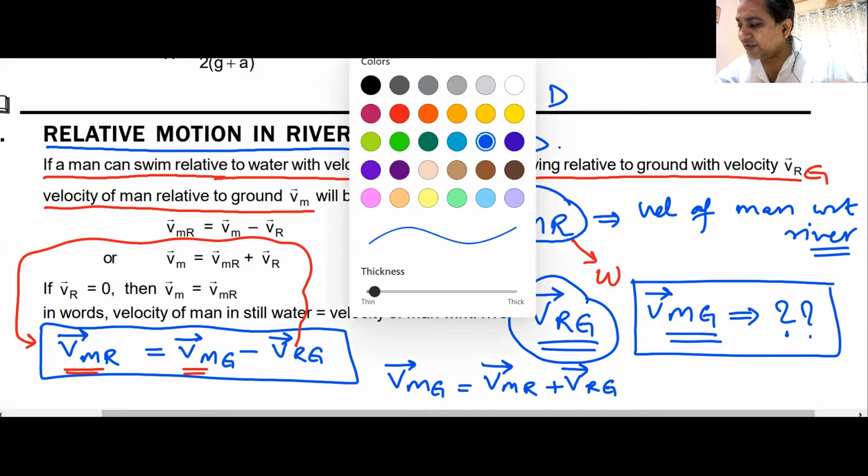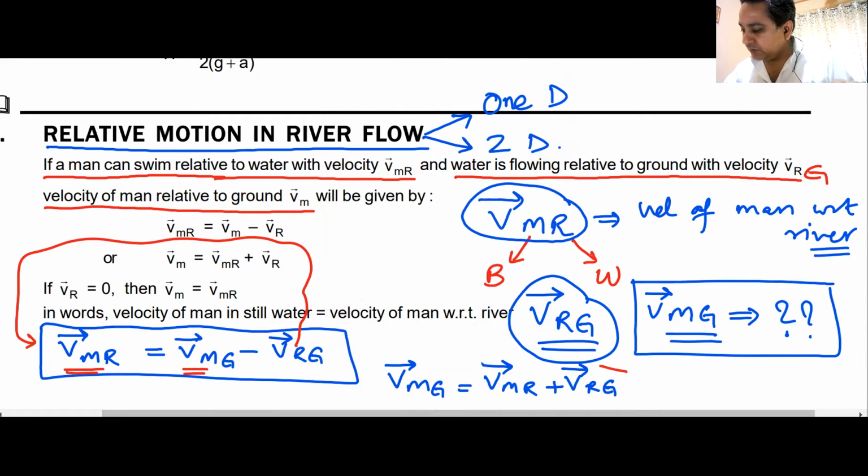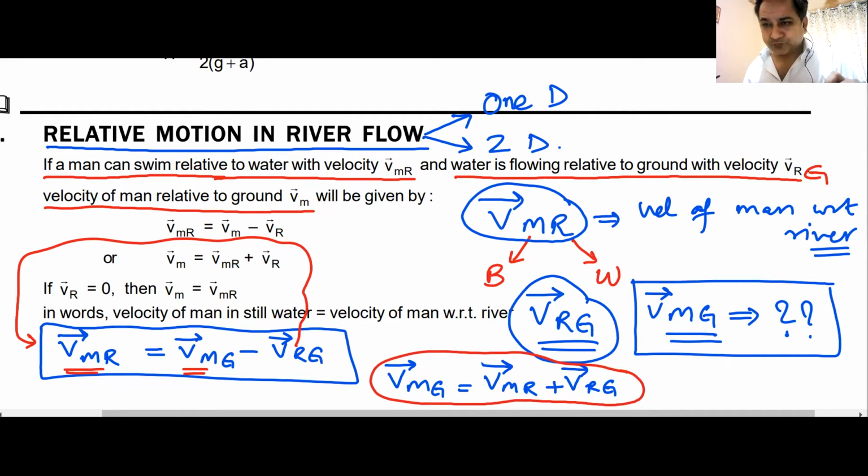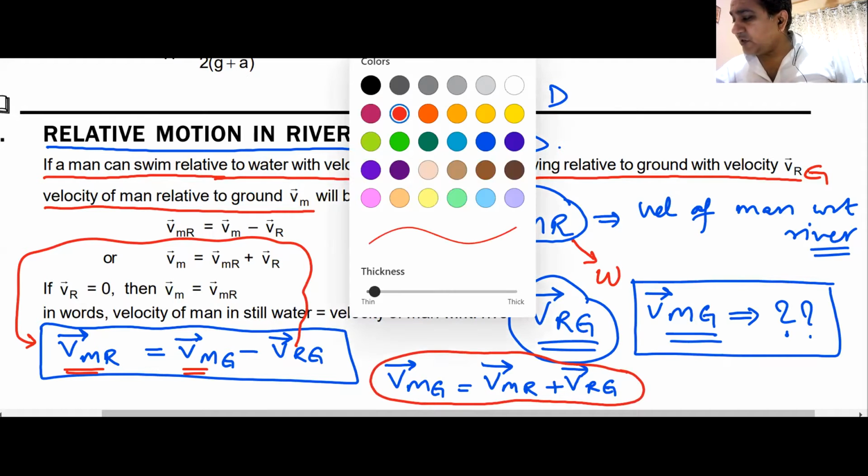Do we all understand this? I've written the same equation in a different way. Yes or no? Same equation written in a different form.